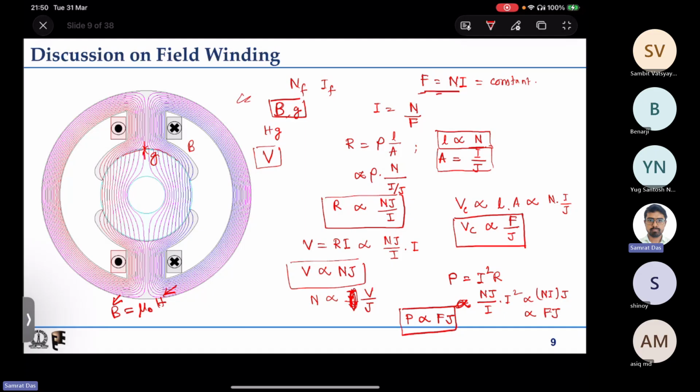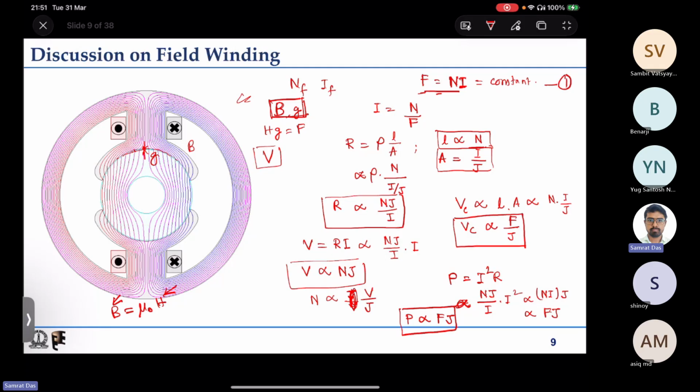And if H is fixed, then H into the length of the flux path in the air gap, because we are talking about this portion where we have overlap, so flux line length is simply g. So H into g is nothing but the MMF, and so MMF is also fixed. MMF is nothing but number of turns into current. So F equal to Ni is constant as soon as we decide on some B and some G. So this is the first important equation that we have.